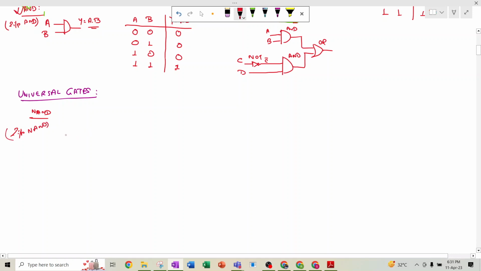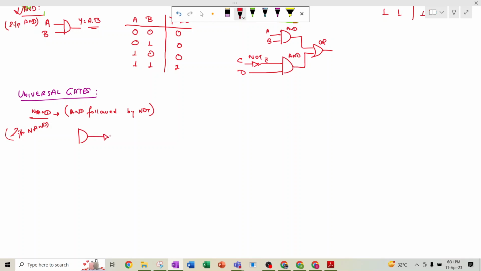The symbol of the NAND gate is basically nothing but AND followed by NOT. So suppose this is an AND gate and we follow it by this NOT, then this whole thing becomes the NAND.